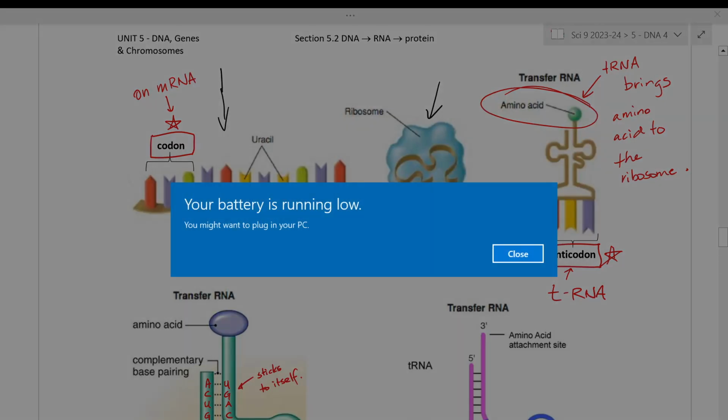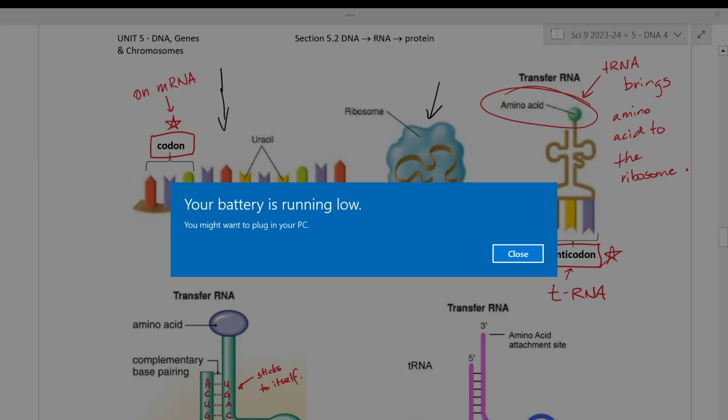My battery is running, but I'm plugged in. What is wrong? Oh, because I'm not plugged in, because I'm a doofus. Okay, that's all right. I can undoofusify myself. Where's the plug? Oh, it's in here. There we go.